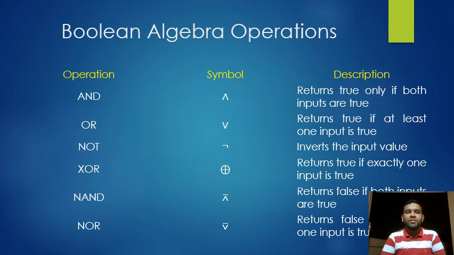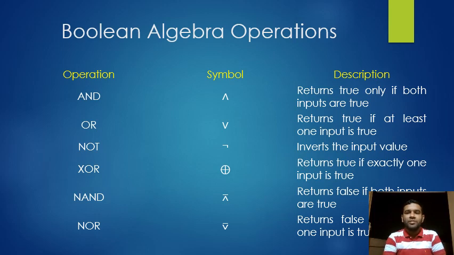The next operation is the XOR operation. This XOR operation returns true if exactly one input is true. If more than one input is true or no input is true, then the value is returned as false. Next, let us see about the NAND operation.